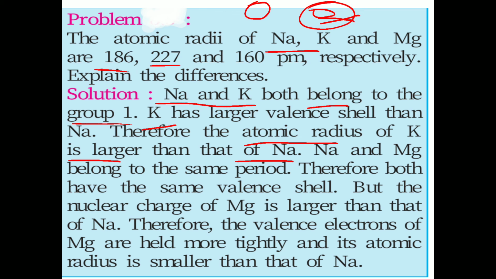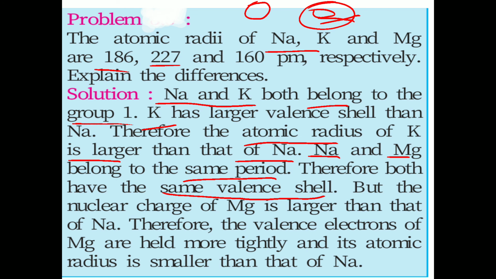But when we compare sodium and magnesium, sodium is an element of the first group and magnesium is an element of the second group. They belong to the same period. Therefore, both have the same valence shell.